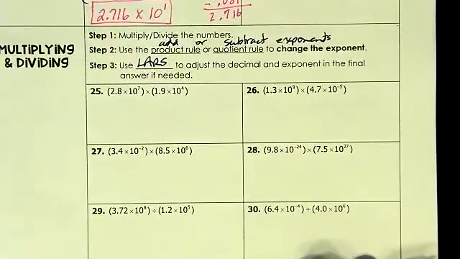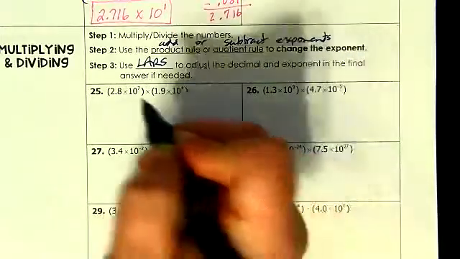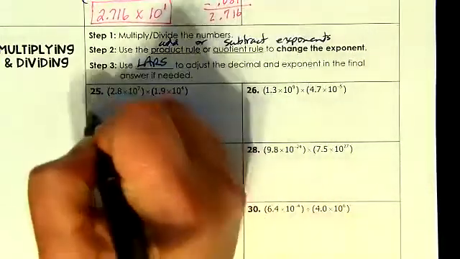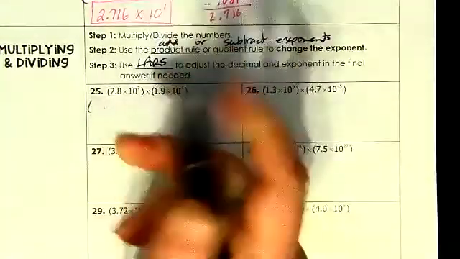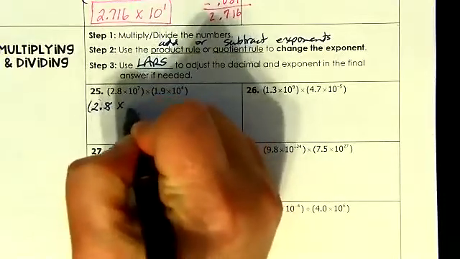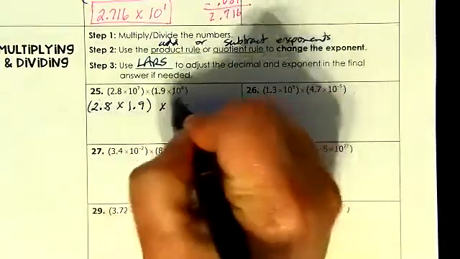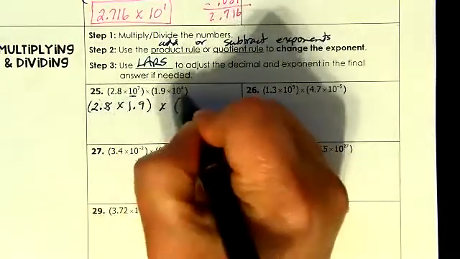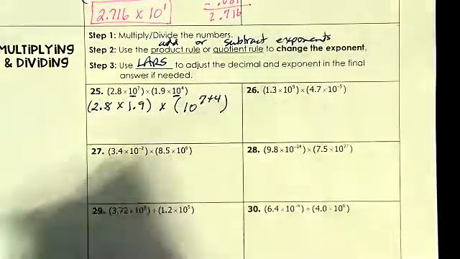Okay, so for 25, the way I like to think about these is to separate them out. So I'm going to have 2.8 times 1.9 times, and then because the exponents have the same base, I'm going to have 10 to the 7 plus 4.